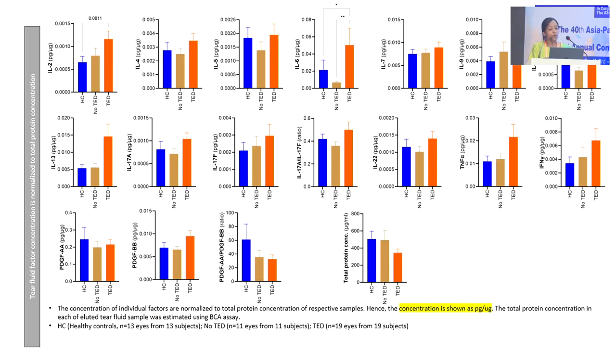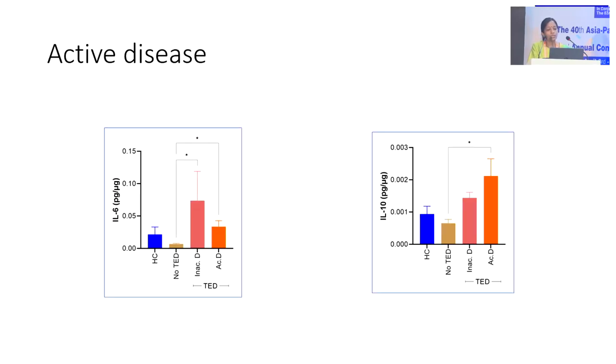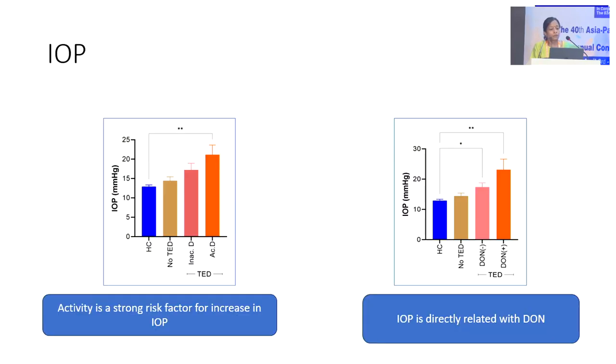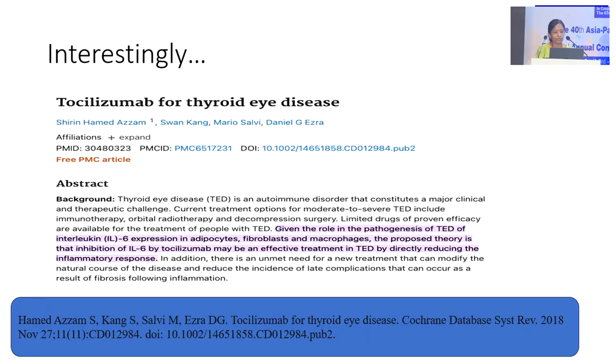Our results showed that most of the inflammatory markers among the cytokines were elevated compared to healthy controls, but interleukin 6 and interleukin 10 were significantly elevated in patients with active thyroid eye disease. We also noticed that the intraocular pressure was significantly elevated in patients with thyroid eye disease and dysthyroid optic neuropathy.